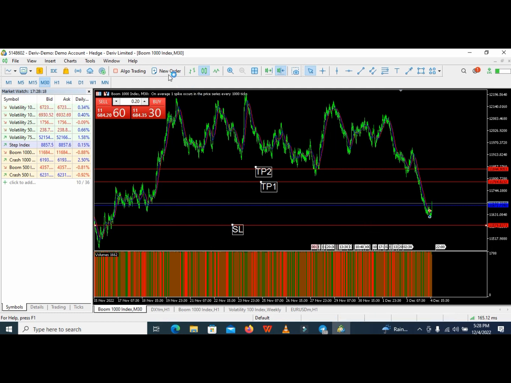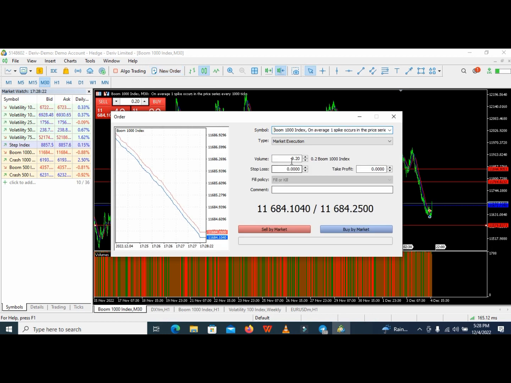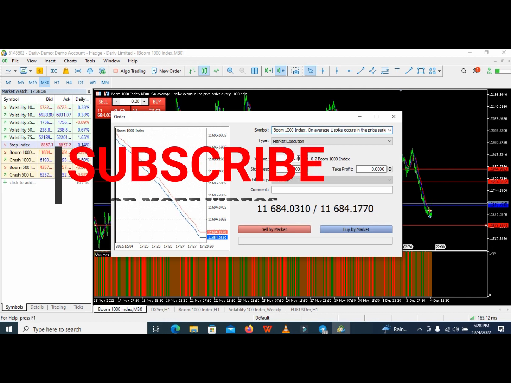So to place the trade, you come to new order, then you set your volume or the lot size. Each instrument has its minimum lot size you have to use. When it comes to crypto, it's different. When it comes to forex, it's different. And when it comes to volatility, it's different.